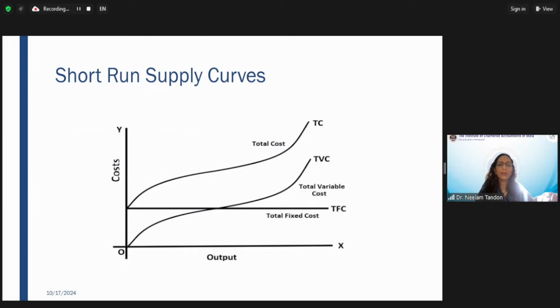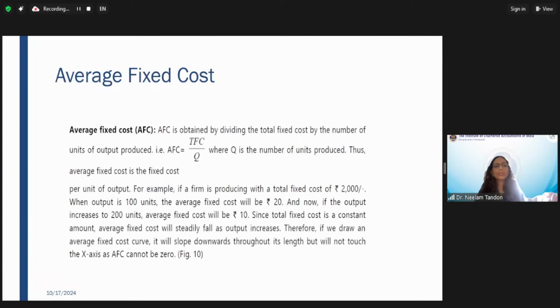Then the supply curve. We have understood the short-term supply curve, the relationship between total fixed cost, variable cost, and total cost. Why is total fixed cost parallel to the x-axis? Why are total variable cost and total cost inverse S-shaped because of the law of variable proportion? What is average fixed cost? Why does average fixed cost continuously decrease?